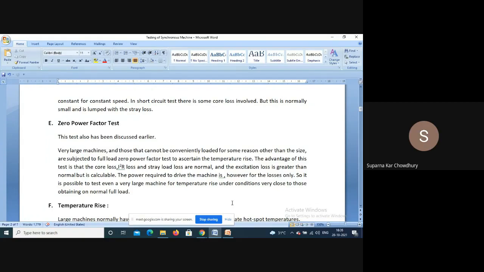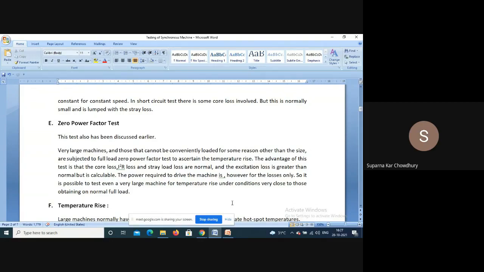It is not delivering any power actually, so no mechanical input is required for that portion. But as the temperature rise of a machine is basically due to the losses, the temperature rise will be almost equivalent to the full load running condition.